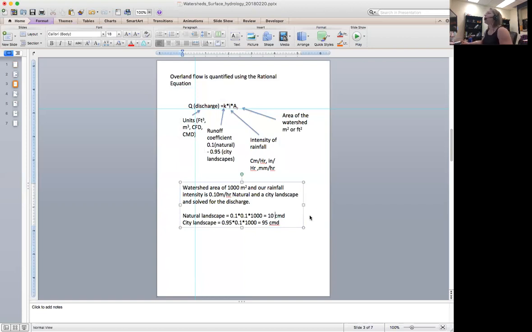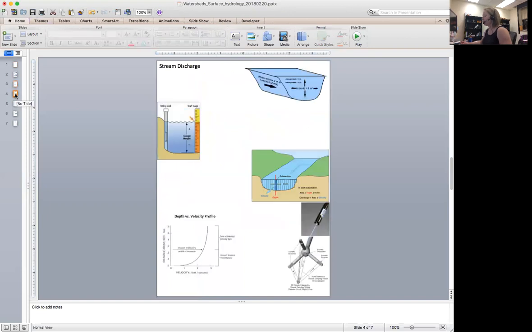Now, this gives us an idea of the overland flow that's happening in a system, but we can also think about stream discharge in and of itself, right? So how much water is flowing through a stream? And we want to understand this because it's a lot of water moving around. The environments are coming through streams themselves.